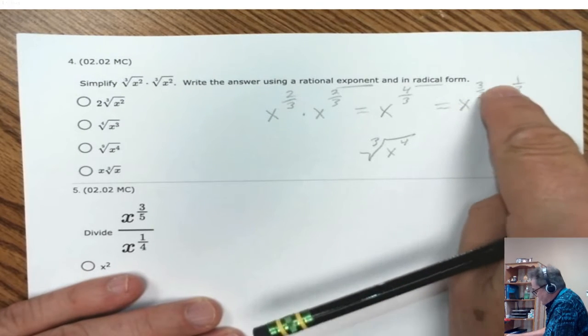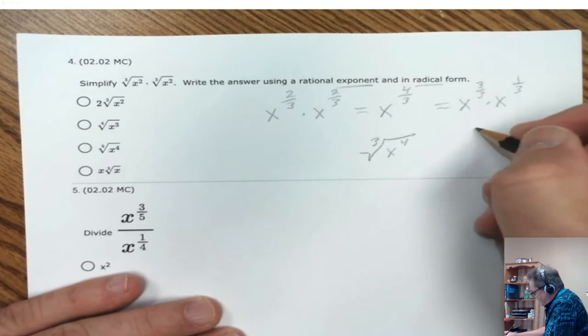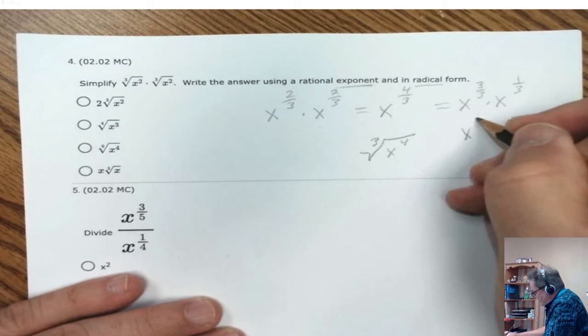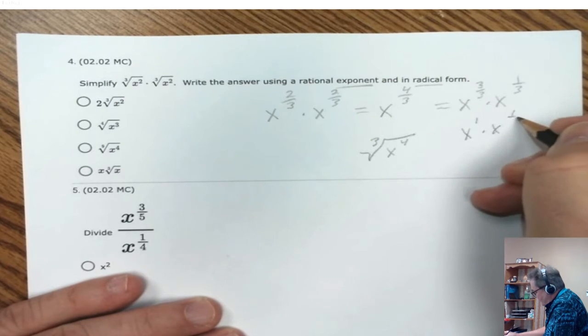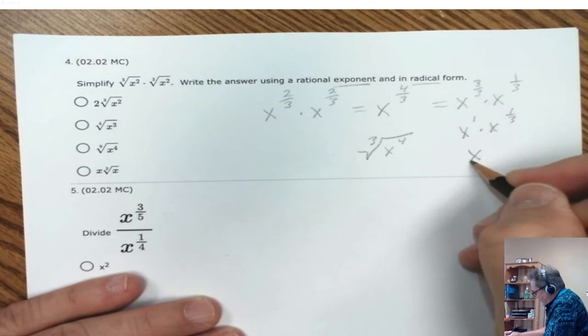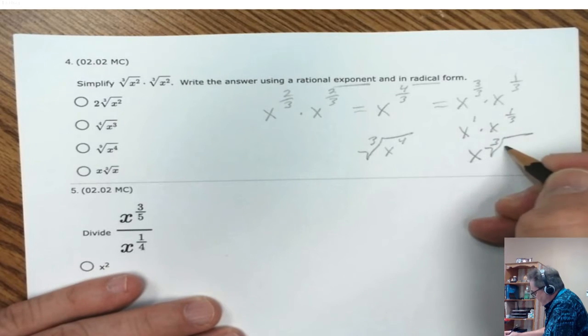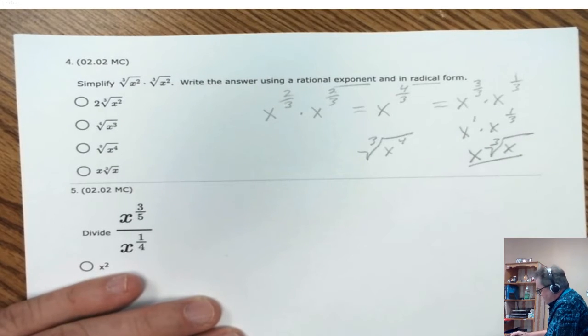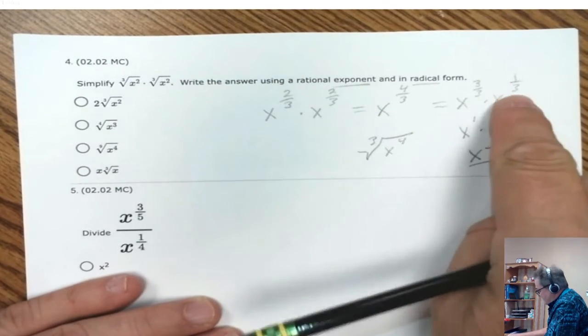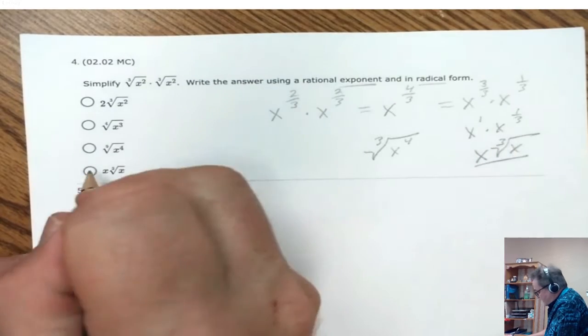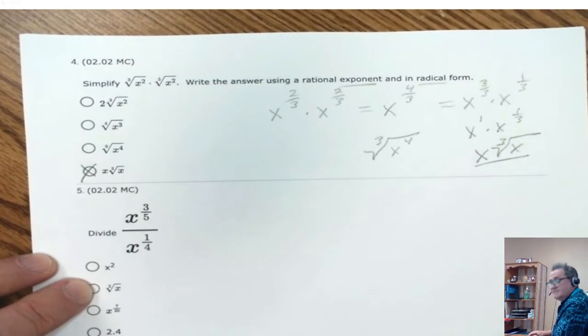We just divide up the fraction differently. x to the 3/3 is just x to the first power. So that's x to the first power times x to the 1/3 power. Well, that's just x, and to the 1/3 would be the cube root of x. So this is taking this and simplifying it further to give us that answer right there.